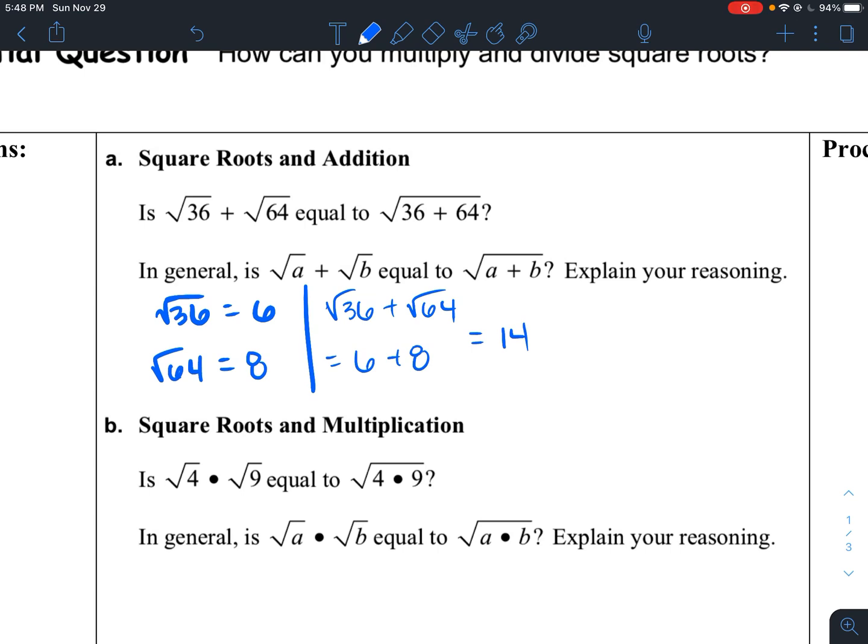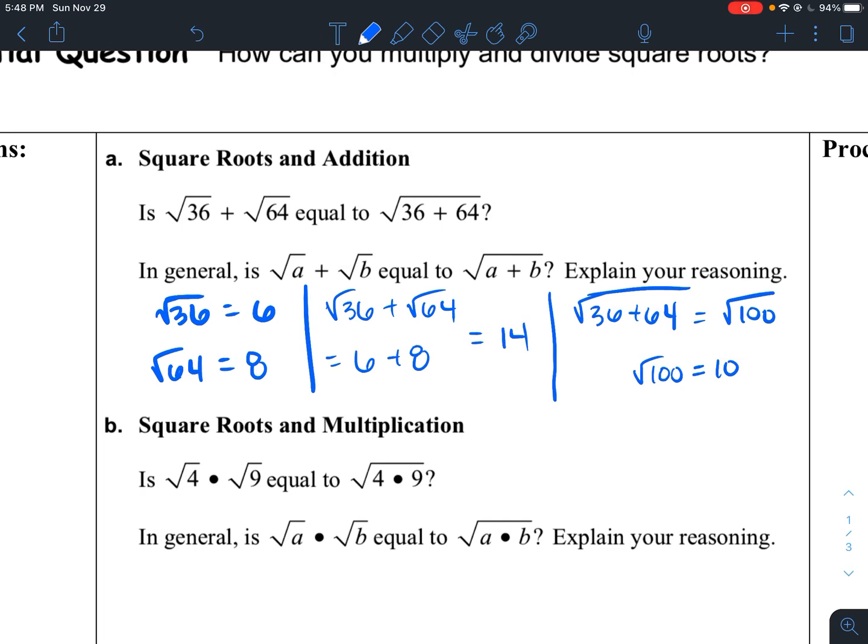Is that the same thing as the square root of 36 plus 64? Let's add 36 and 64. That's equal to 100, so this is equal to the square root of 100. What's the square root of 100? That's equal to 10.